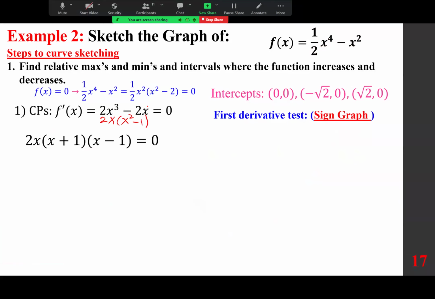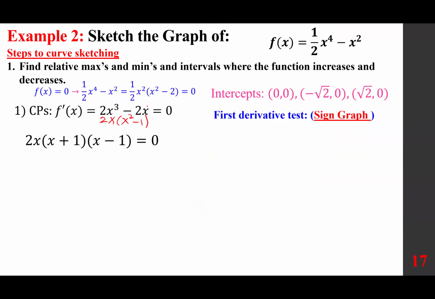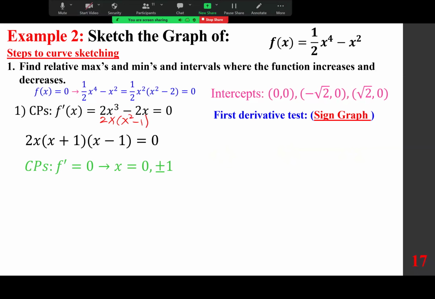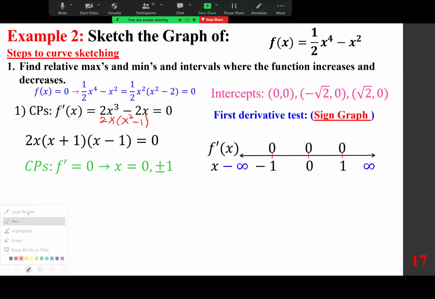And we have 3 zeros: x equals 0, x equals negative 1, x equals positive 1. So we're going to do the sign graph. And we're going to put all these numbers in order from smallest to largest. So from negative infinity to positive infinity: negative 1, 0, 1.